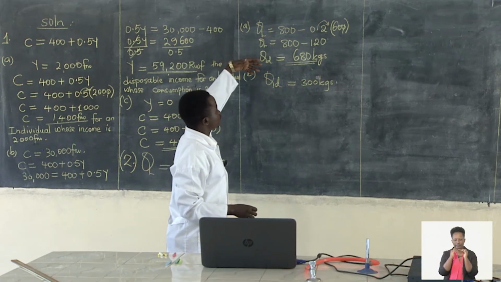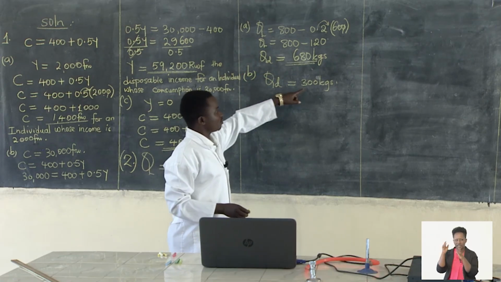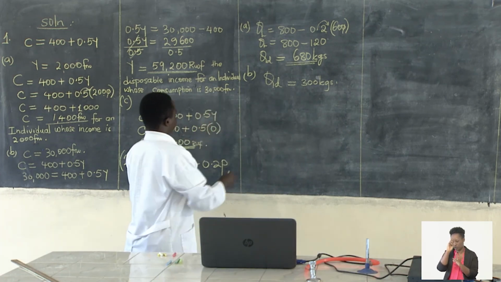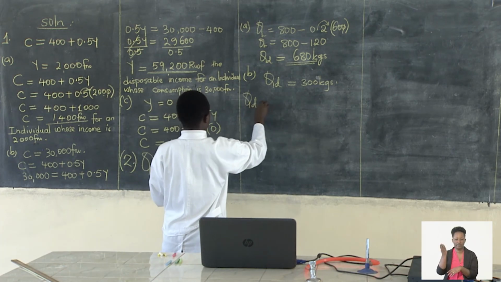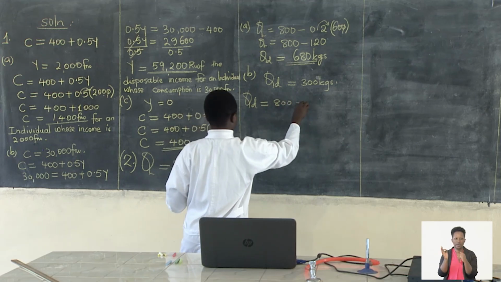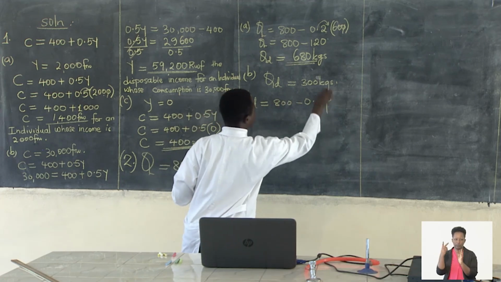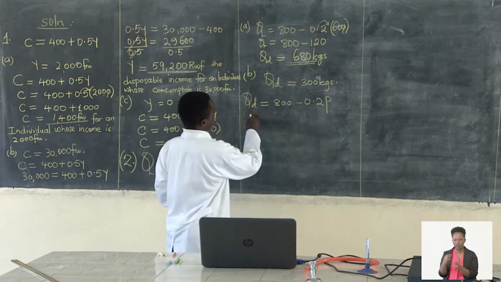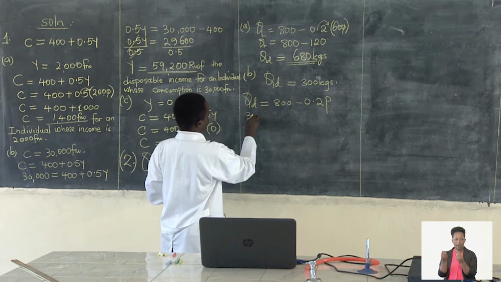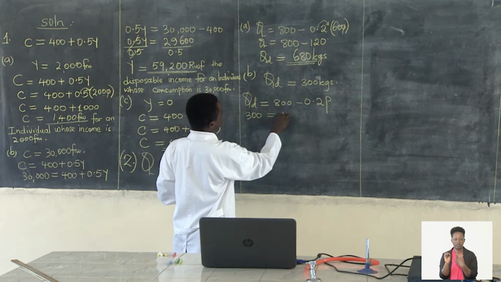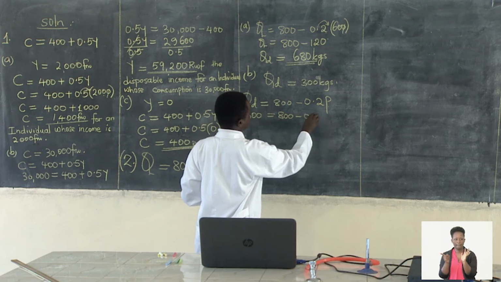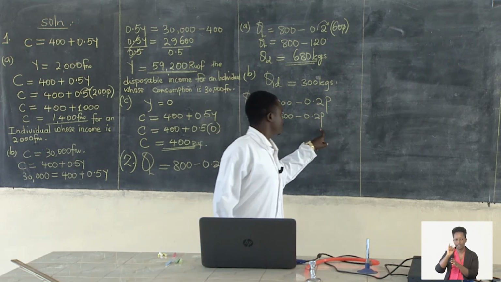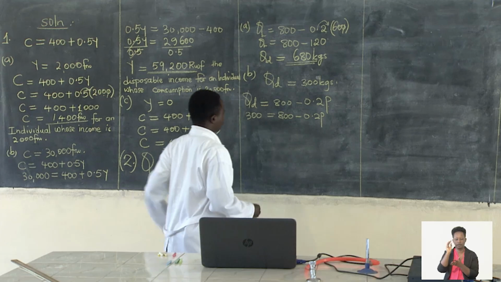You restate the equation: quantity demanded equals 800 minus 0.2P, where P is the price of the commodity and Q is the quantity demanded. So if you have 300 equals 800 minus 0.2P, we need to solve for this price, and we get the value of P.